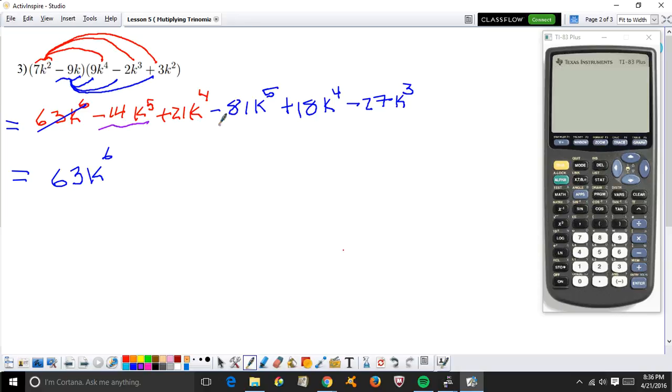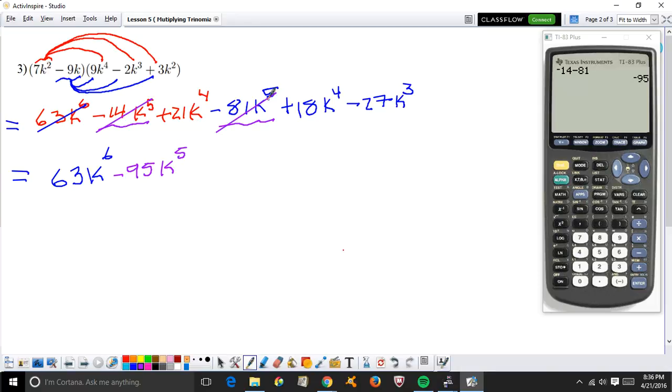So k to the fifth, k to the fifth. So I have negative 14, and we're gonna take away 81, so minus 81. So that's negative 95, negative 95 k to the fifth.